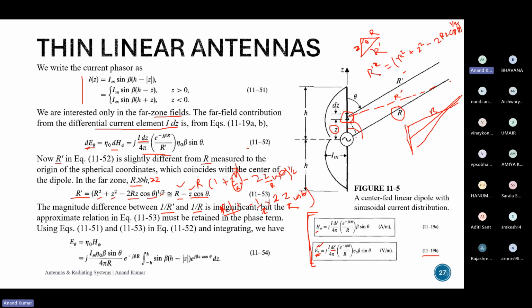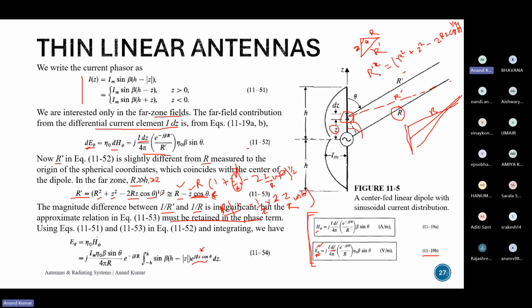But inside the integral, we cannot ignore this z cos theta term because it will affect the phase of the solution. So it must be retained in the phase term, which is the term inside the e power exponential.